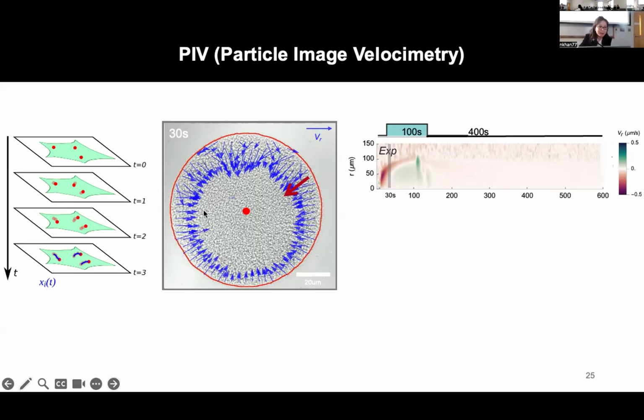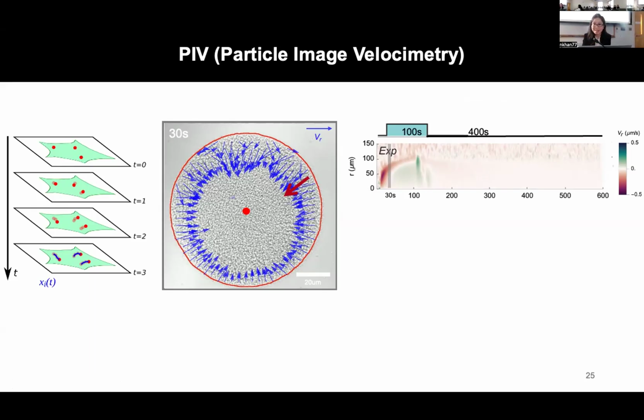In our case, you will see the small filaments inside here, and each arrow compares T equals 0 and delta T, and gives us the signal of where the particle goes.